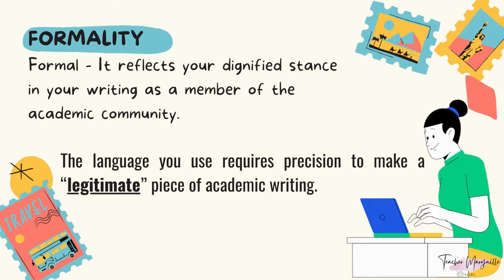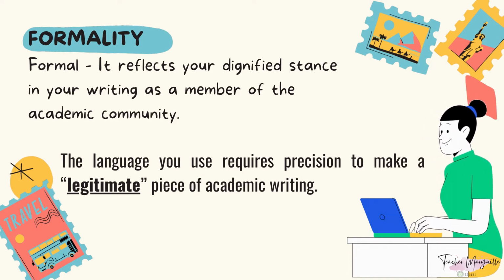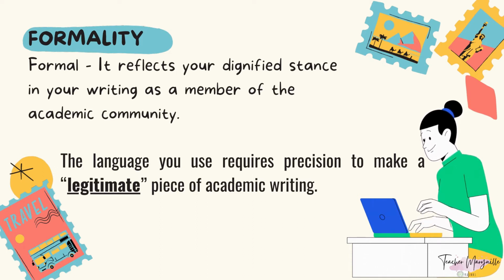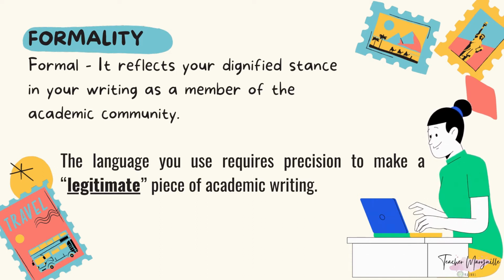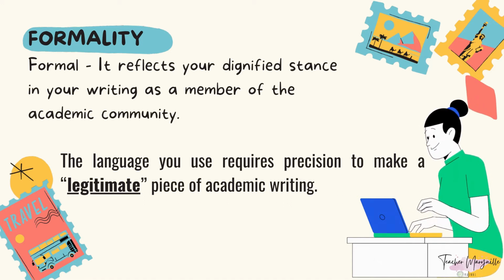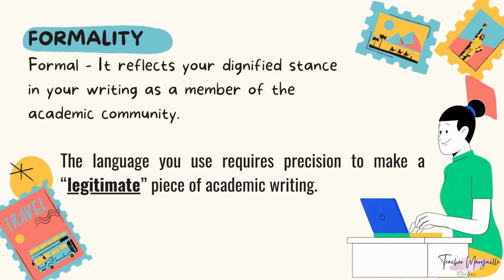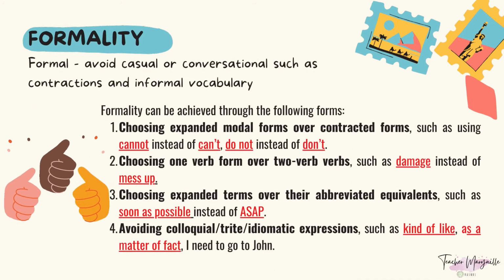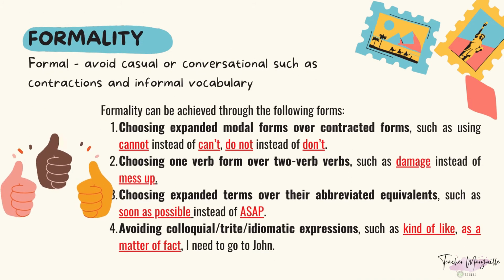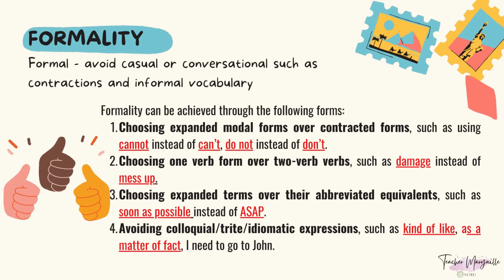So, this means that since your audience is a fellow member of academic community, the language you use requires precision to make a legitimate piece of academic writing. Formality or formal avoids casual or conversational, such as contractions and informal vocabulary.